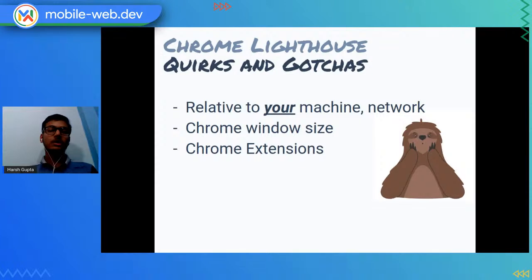We'll be talking about how to resolve that. It also depends on parameters like the machine, the network, and the window size. If I decrease my window size, it will affect the Lighthouse report, because your website is designed according to a particular window size. So Lighthouse reports can be affected by window sizes.